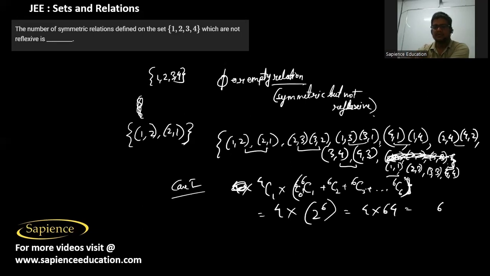Actually, here also we can choose any one of them, or any two of them, or any three of them. All four of them we should not choose.